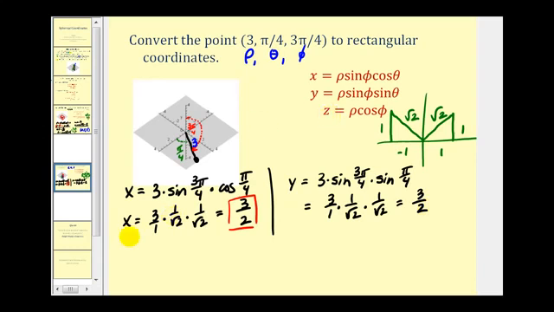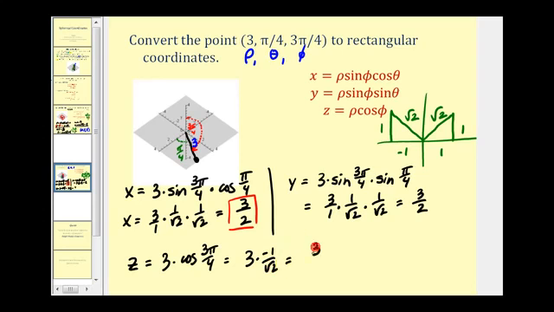And now we're left to determine z. Z is going to equal rho times cosine phi, or 3 times cosine 3 pi over 4. It's going to give us 3 times the cosine of 3 pi over 4, which is negative 1 over square root 2.